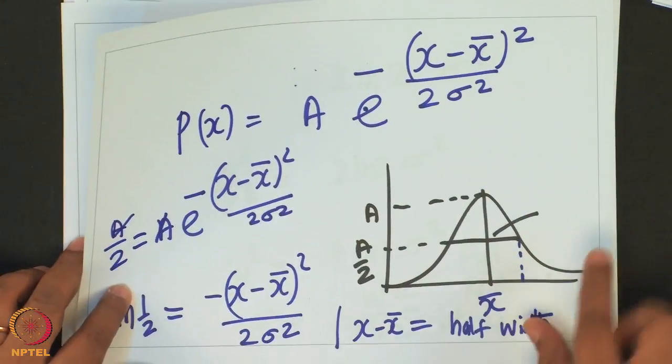So basically sigma is related to the width, and if I know the full width at half maximum, I can get this sigma. To summarize, we have a distribution which has a mean and a standard deviation, and given this mean and standard deviation, we can construct a distribution which is typically called the normal distribution.